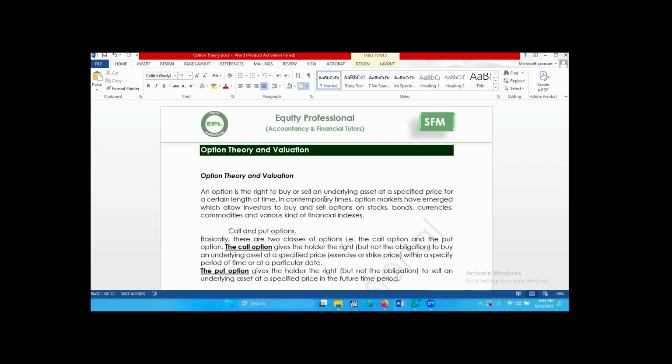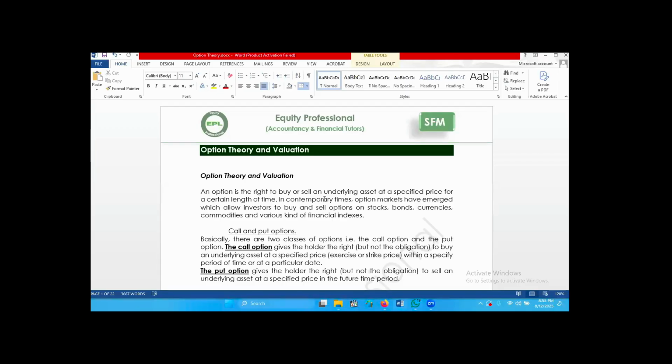We now have a new, emerging financial market, the option market. At this market, you can obtain a right to buy or sell an underlying asset.